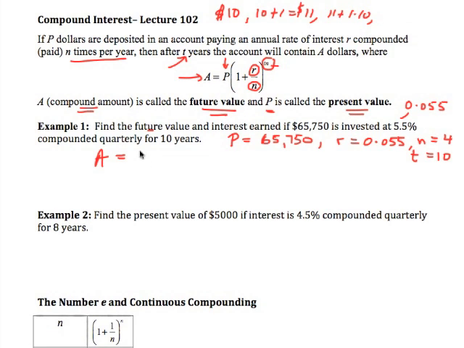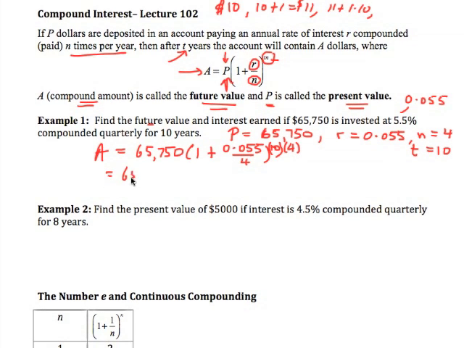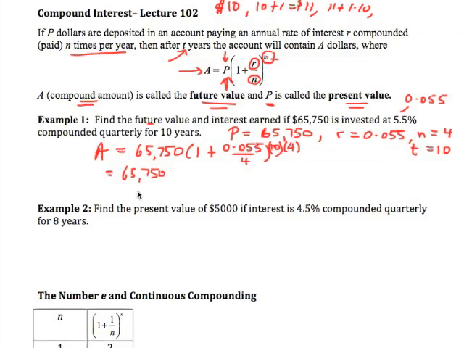So if we now put this into the formula, there's our P, that's what we're investing. 1 plus the rate is 0.055 divided by 4. Okay, and now we have to multiply it by t times n, which of course will be 10 by 4. So we end up with 65,750 times, let's have a look here now.